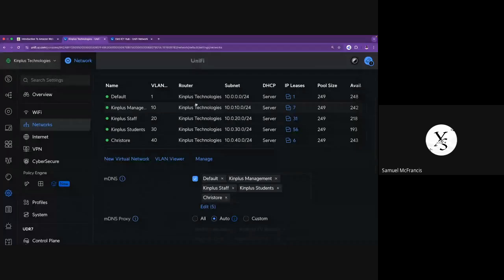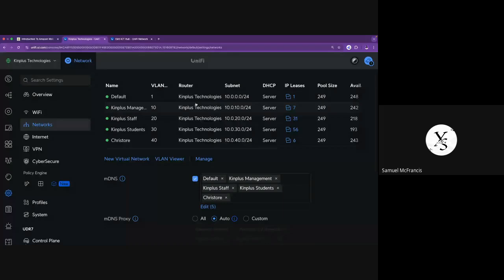From what you're seeing on the screen, what do you understand? I noticed there are 5 different sections of IP addresses. I think it's the same company, but they are categorized and divided into staff, students, and so on. Each group has its own subnet.